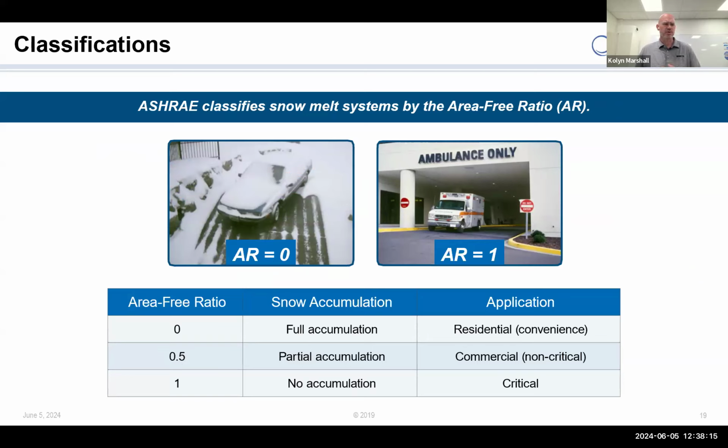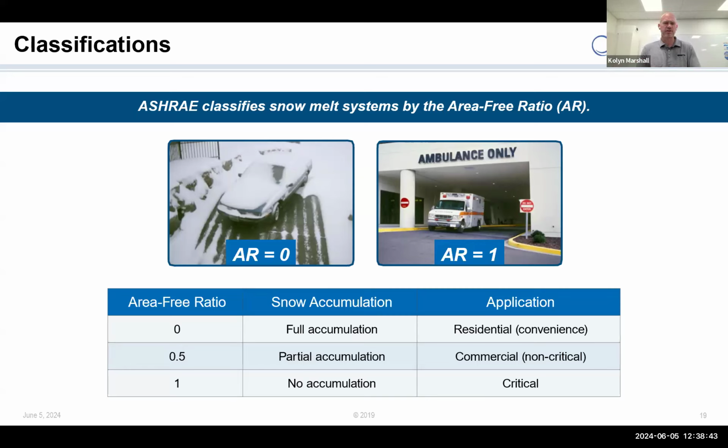And basically class 1 says, it's a non-critical area. I'm going to allow all of the snow that I'm designing for, say 12 inches, to accumulate. And then the snowmelt system will pick up and melt over time. This is the slowest responding system that we have. It comes up to temperature fairly slow. It's using the lowest amount of BTUs, and it's going to take the longest to actually clear the driveway.